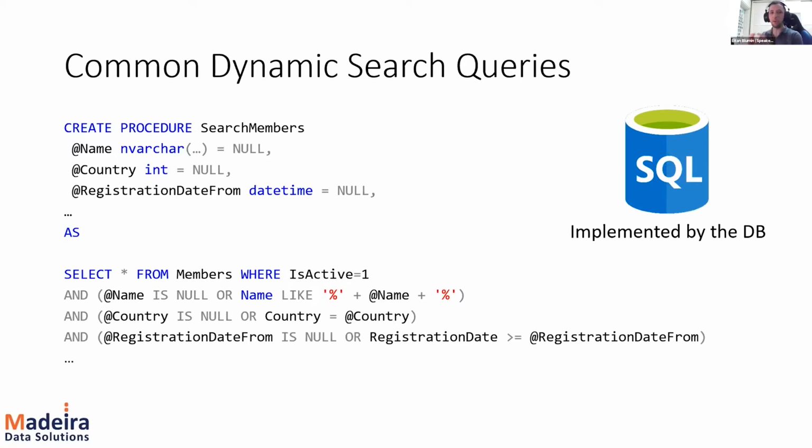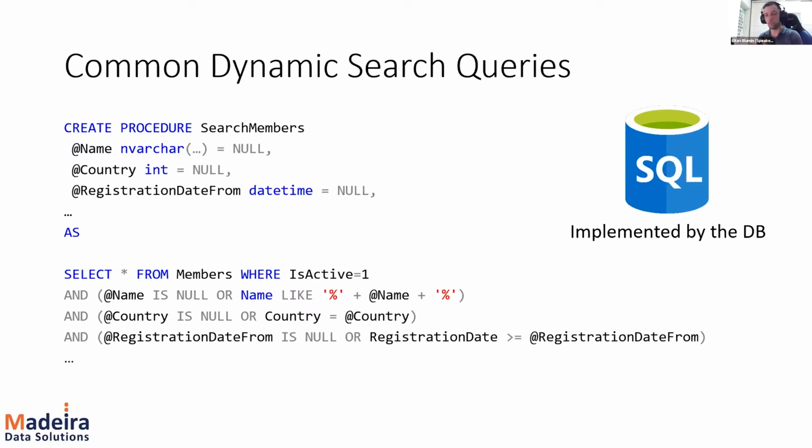Where a single query has all of the logic already implemented in it, where it queries from, let's say, members in this case, where name is null, or the column name contains the parameter name.